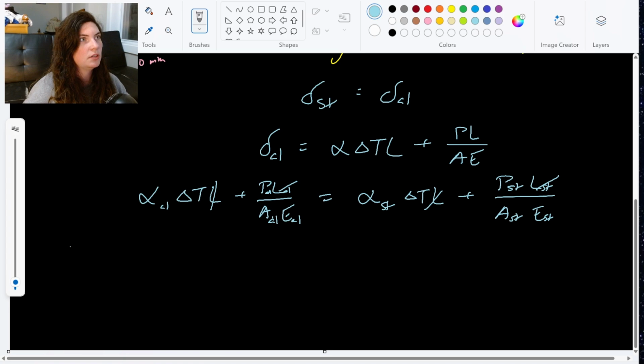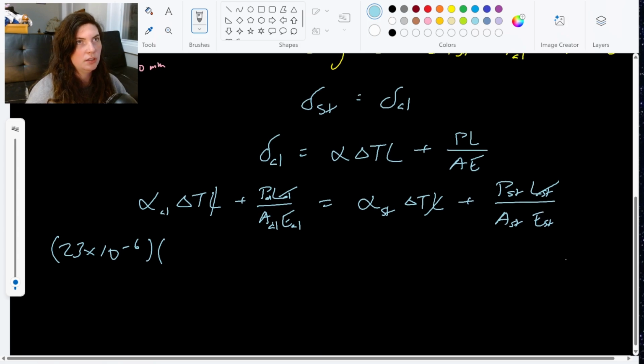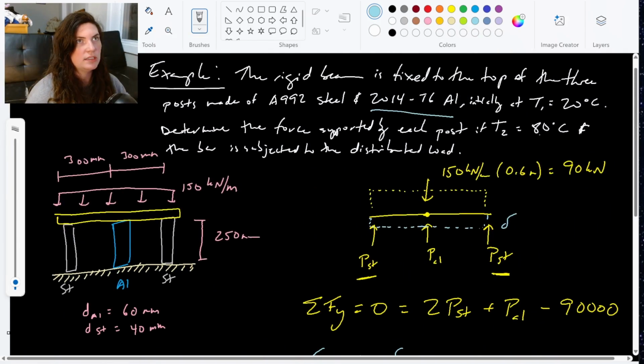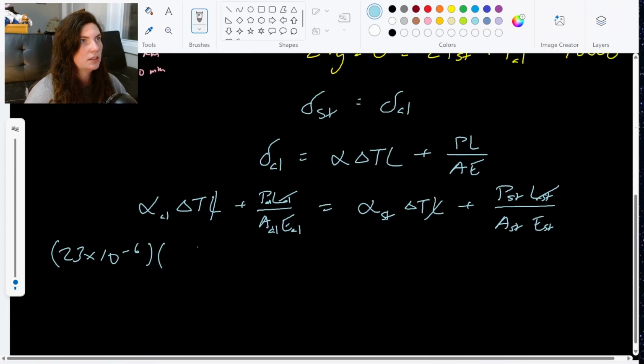This is 23 times 10 to the negative 6. And I'll just type all this other stuff in too. Delta T is 80 degrees minus 20 degrees Celsius, gives us 60 degrees Celsius.